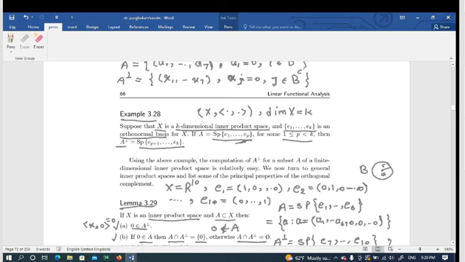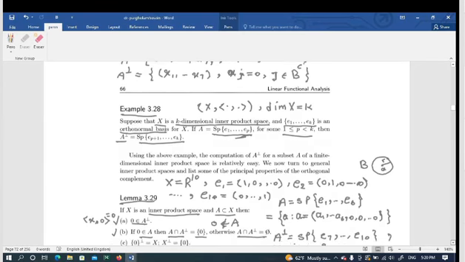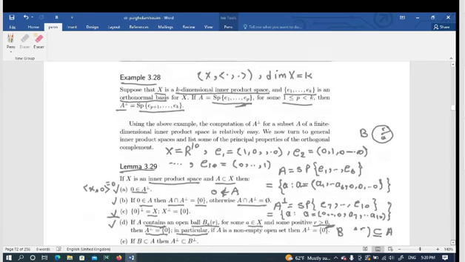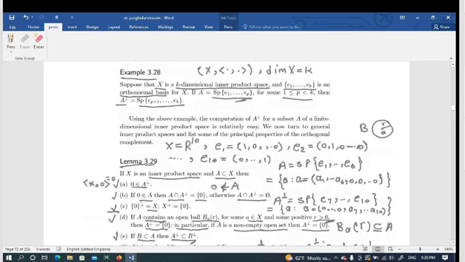Now if A equals the span of e1 to e6, that is all the a like this, the A orthogonal must be the span of e7, e8, e9, and e10.